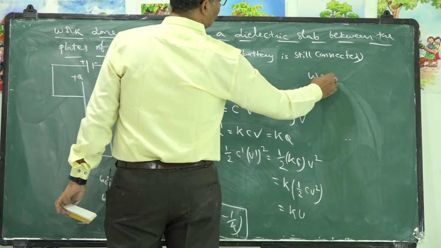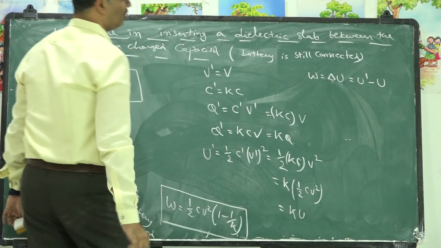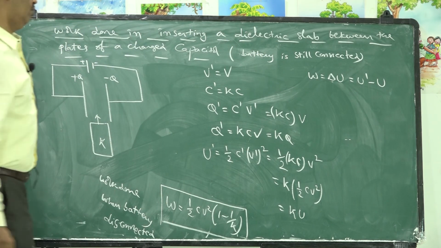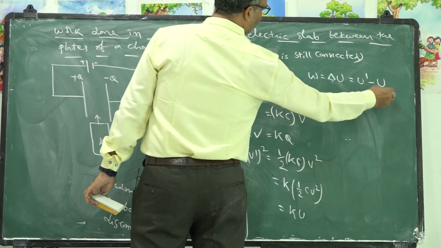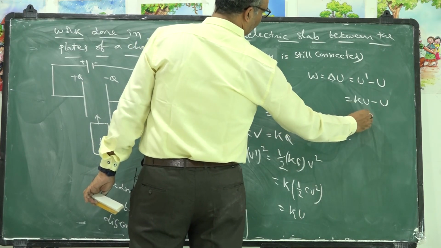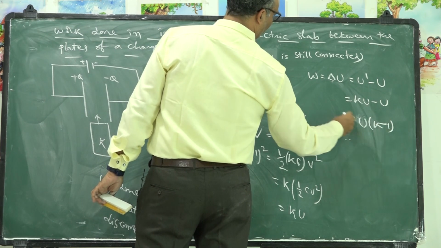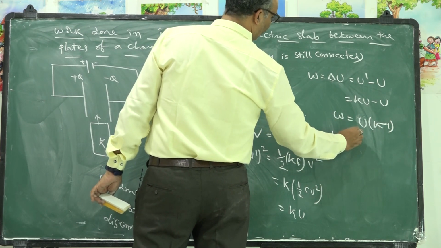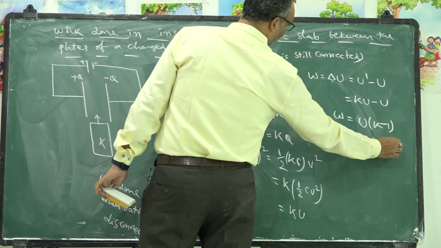Now work done is nothing but change in potential energy: final potential energy minus initial potential energy. Final potential energy is KU. Initial potential energy is U. So U into (K minus 1) is the work done. So work done is given by half CV square into (K minus 1).